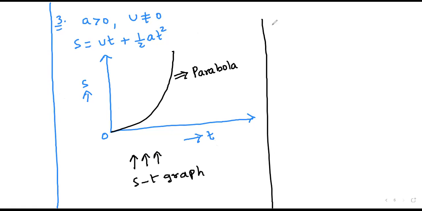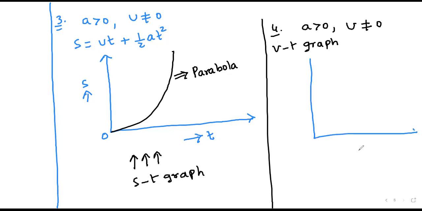Next, acceleration greater than 0, initial velocity non-zero, then the VT graph. On the x-axis it is time and on the y-axis it is velocity. In the equations of motion, which equation will have both velocity and time?